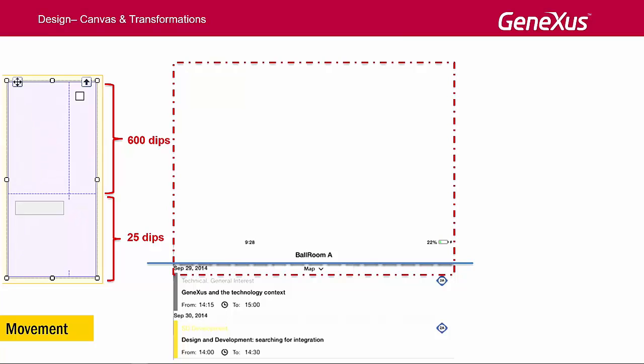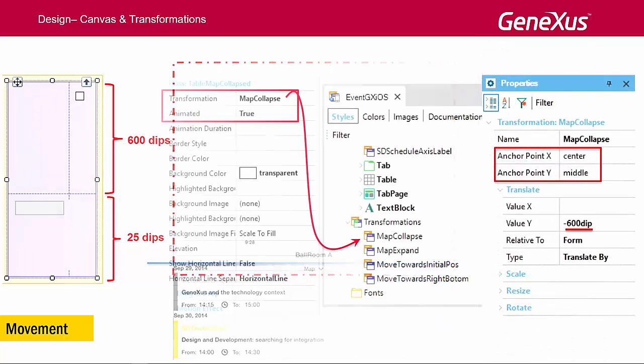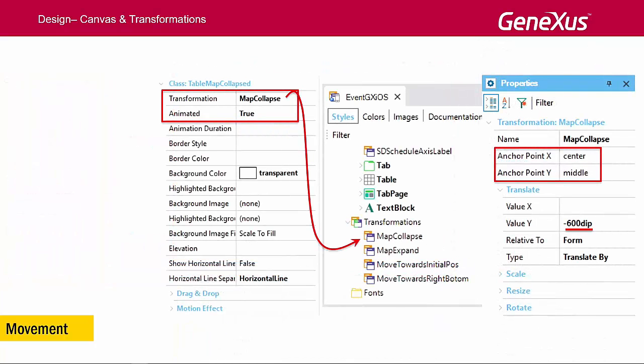This behavior we've just described is set by the class that we assigned to the table. Table map collapsed. This class was created by us when we developed a theme for iPad. So we see that this class has a transformation assigned. This transformation will be defined by the developer within the theme itself, and that's where the behavior seen at runtime, translation, is specified.